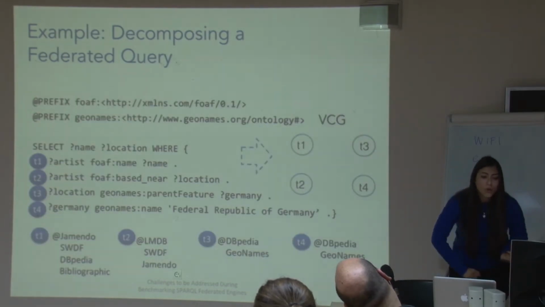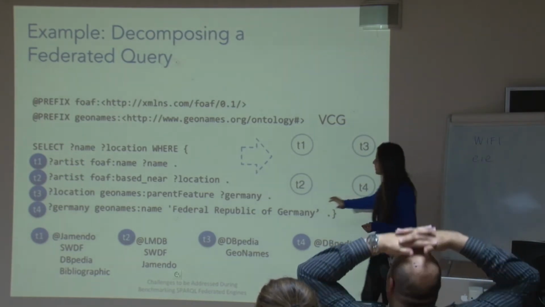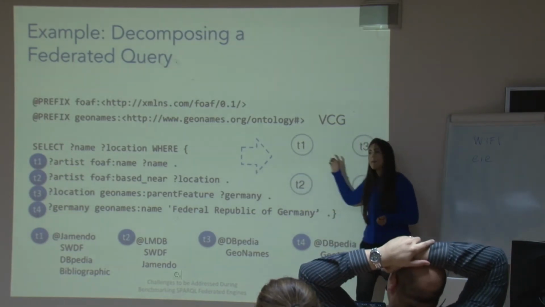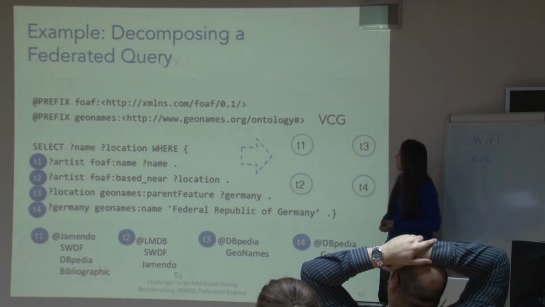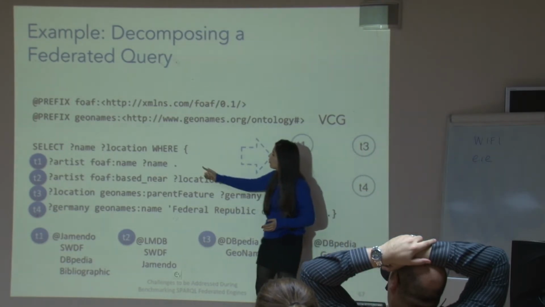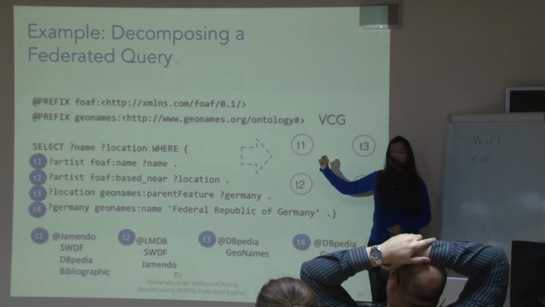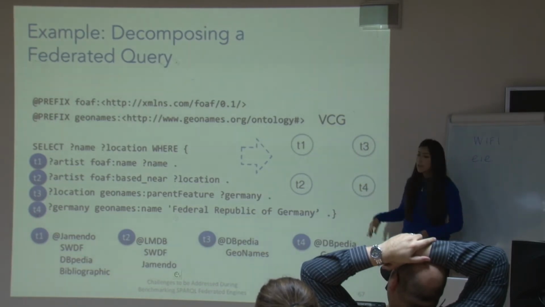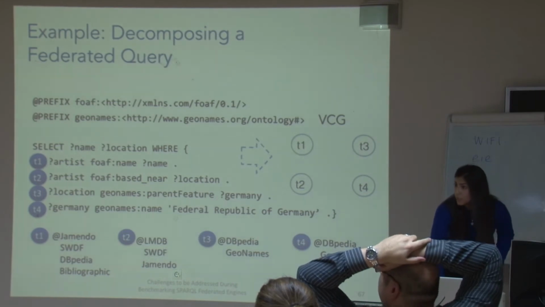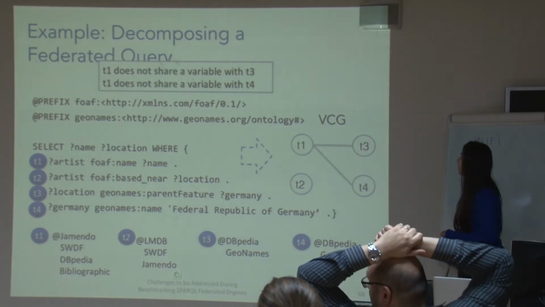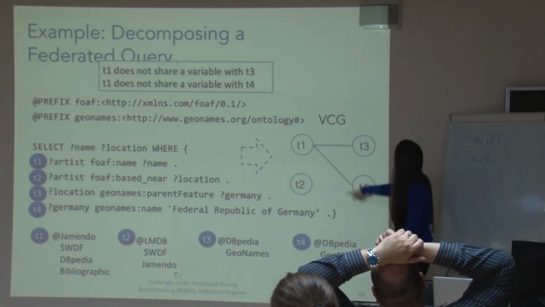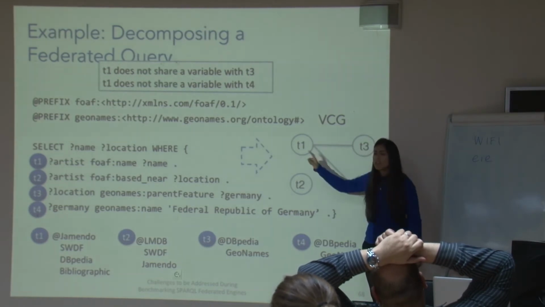Well, we take the SPARQL query, and then we map it into the vertex coloring graph. As I said before, for each triple pattern I create one node, T1, T2, T3, and T4, and then I add the edges, which are the restrictions on the graph. I add an edge between T1 and T3 because they don't share a variable.